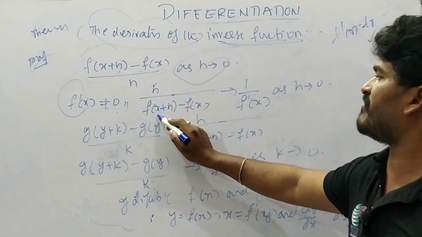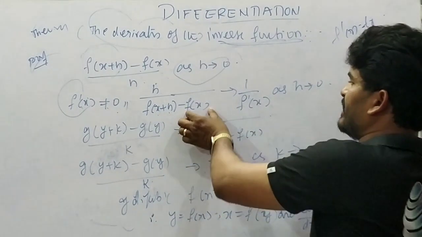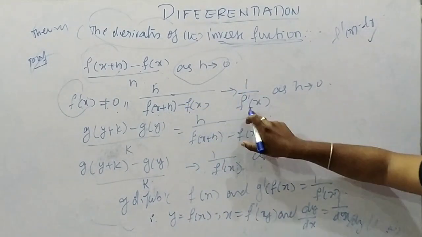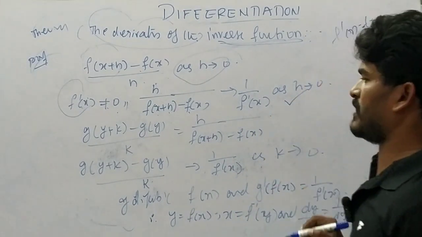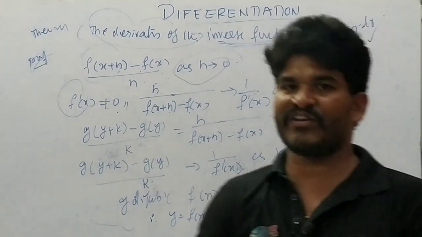Therefore h divided by f of x plus h minus f of x tends to 1 by f dash of x as h tends to 0. This is a condition. Therefore we are differentiable.